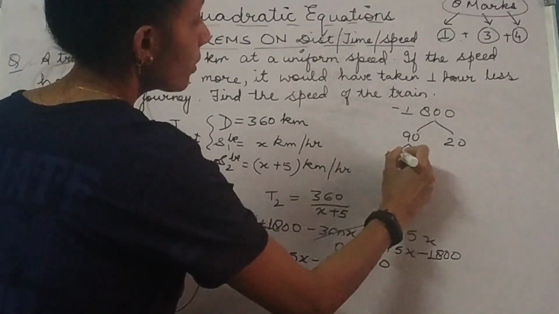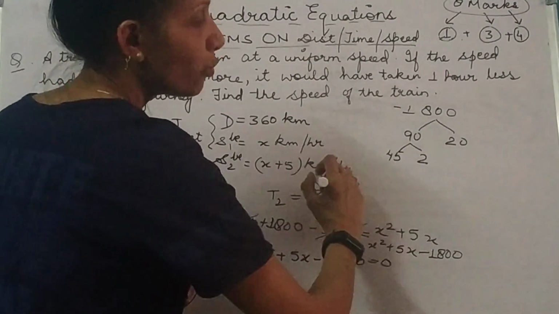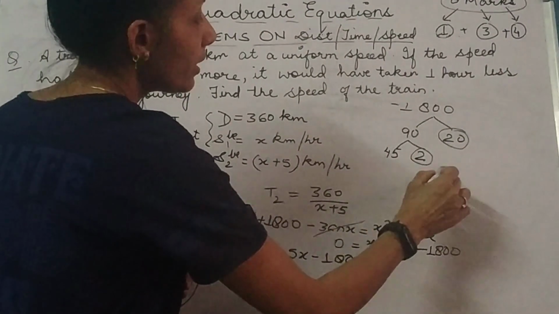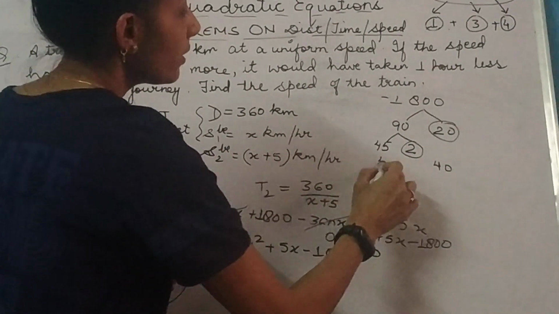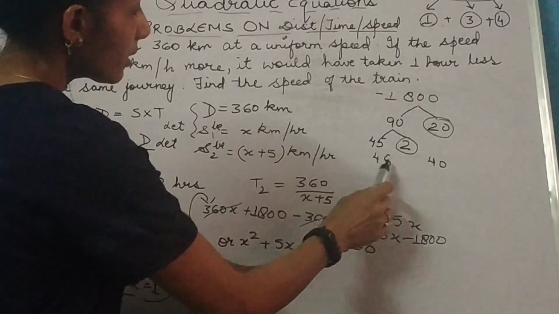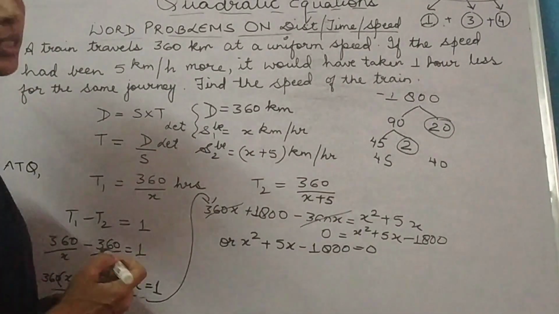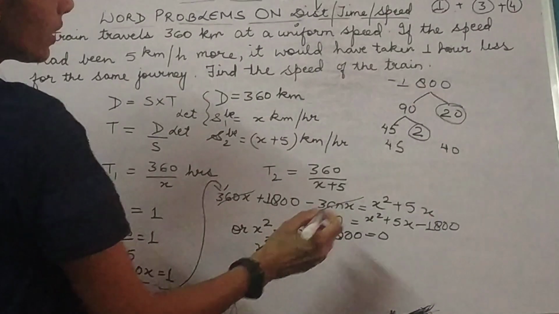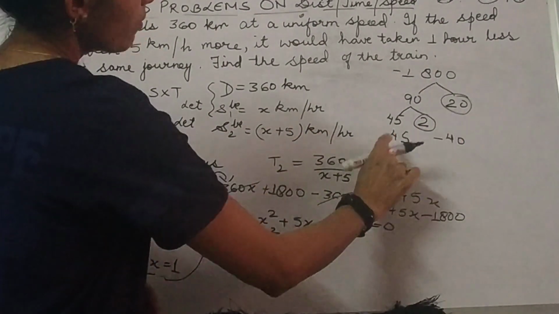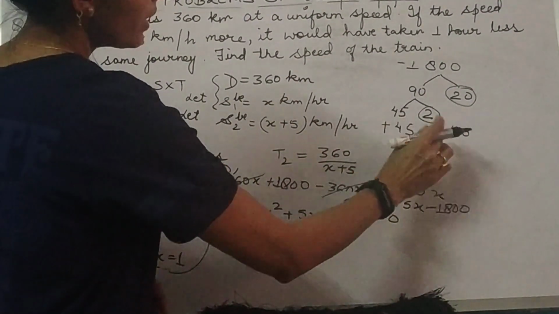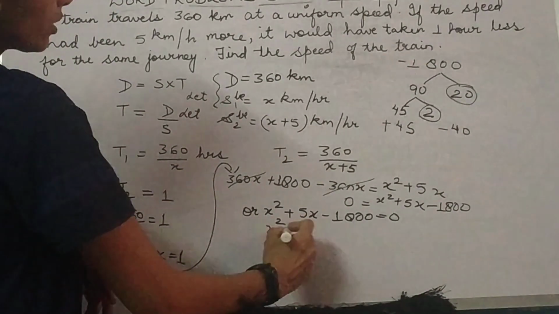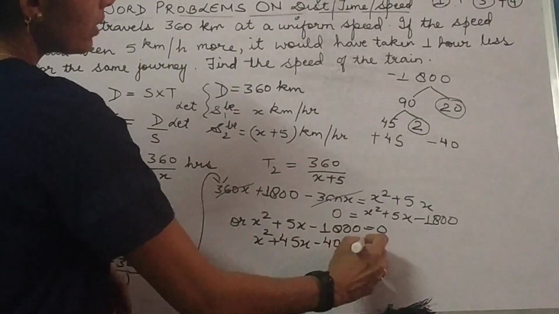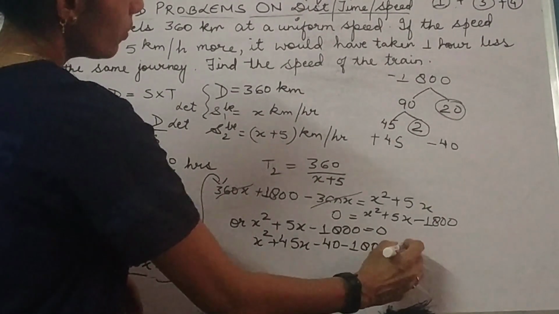So let's suppose I take it as 45 into 2. Now you see, if I multiply this 2 and 20, I get 40, and here it is 45. So if I subtract these two, I will be getting plus 5. So 5x can be replaced with these values by writing 45 with a plus sign and 40 with a minus sign. So plus 45x minus 40x minus 1800 equal to 0.